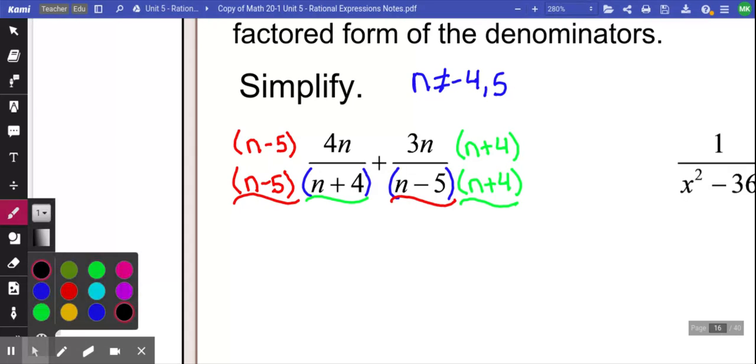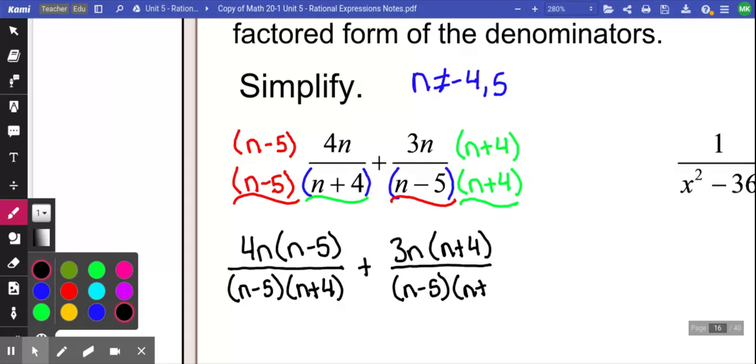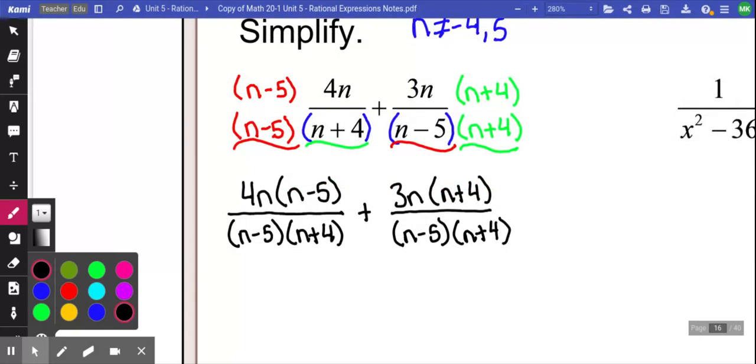This gives us 4n times n minus 5 divided by n minus 5, n plus 4, plus 3n times n plus 4 divided by n minus 5, n plus 4. And you'll see that we now have that common denominator. The denominator is n minus 5, n plus 4.